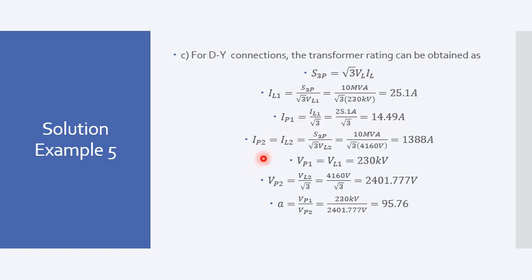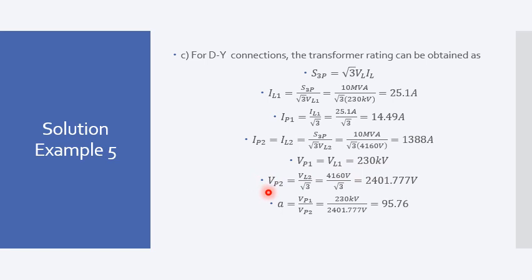For the phase current at the secondary side, because the connection is star, the phase current equals the line current. So just use this formula and you get the line current and phase current at the same time, 1388 A. For the phase voltage at the primary side, for delta connection, V phase equals V line equals 230 kilovolt.